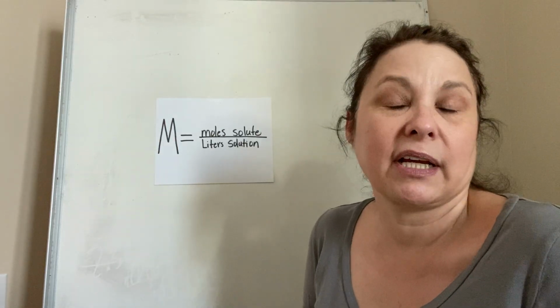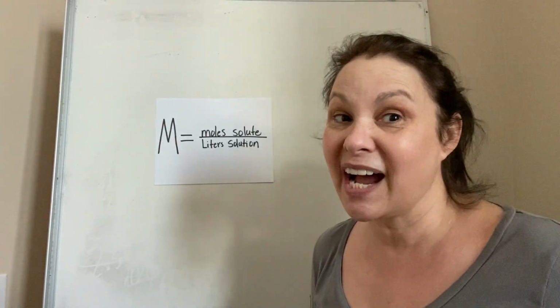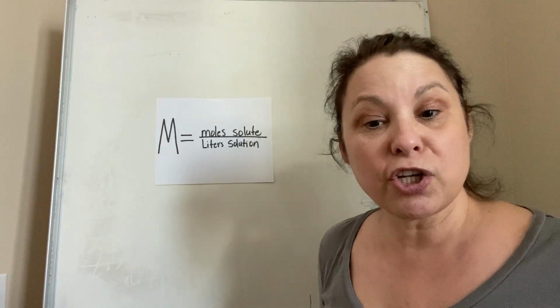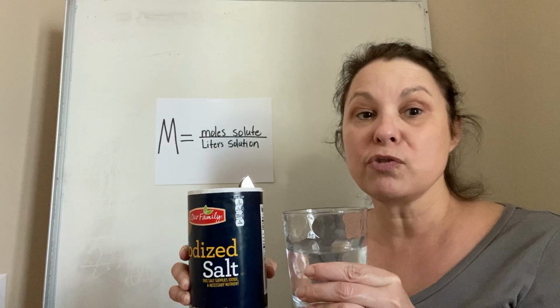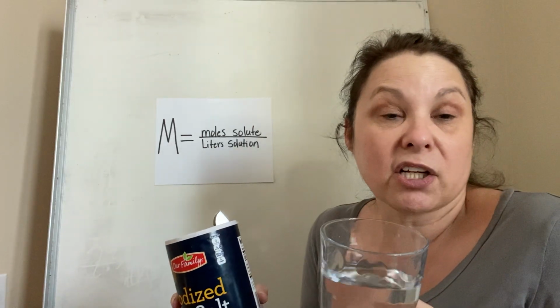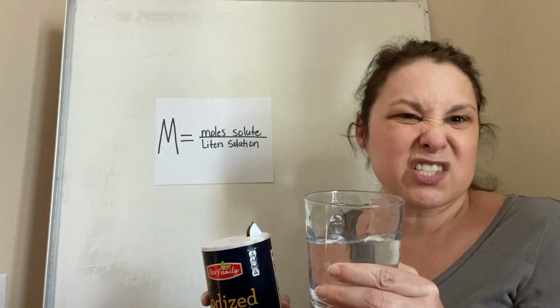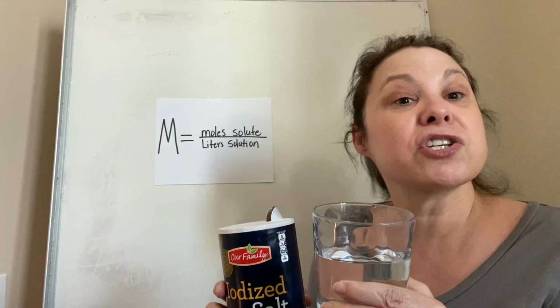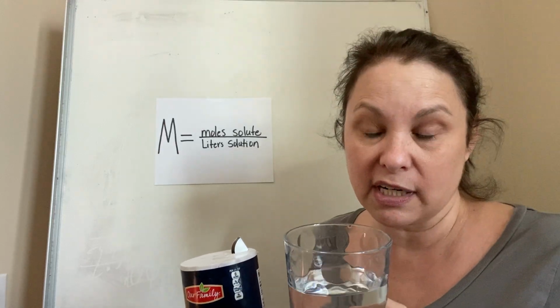Well, what's molarity? Molarity is just a science fancy word for concentration. Do you agree that when you make a solution, you can vary the concentration? If I add a little bit of salt to this water, then it's going to be pretty dilute, a lot of water, a little bit of salt. It's not going to be very concentrated.